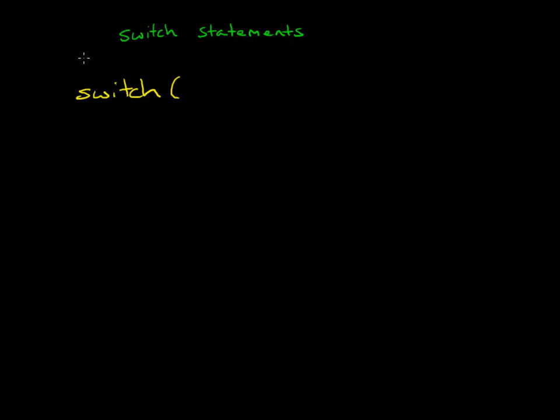Let's do it with an example. Let's say that I set up a variable and I call that day, and let's say that I put in the day, which could be Wednesday. So I say switch with my day.